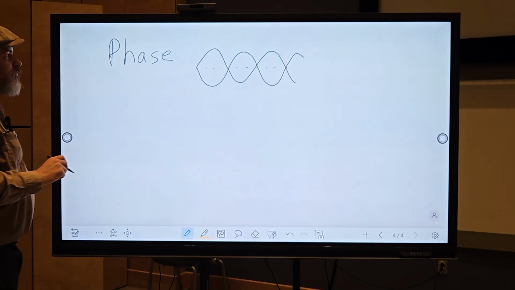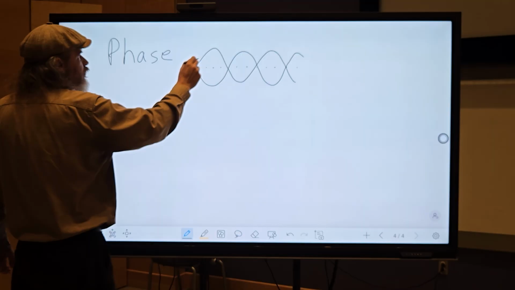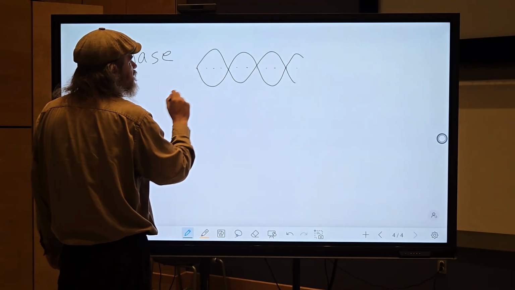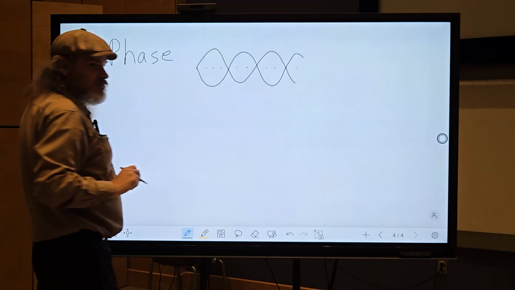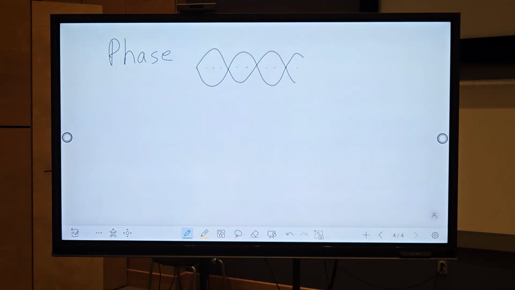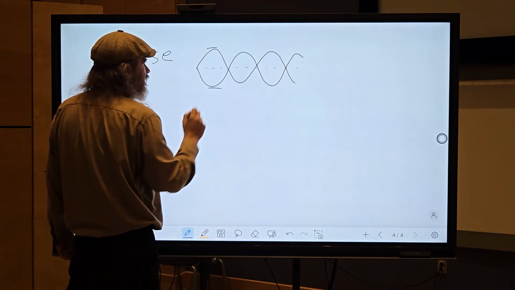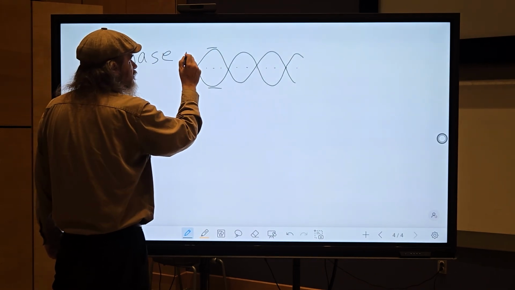Now, if you measure the voltage between the two leads other than ground, you have twice the voltage, because you're going to be measuring from peak to peak, from here to here, rather than here to there.